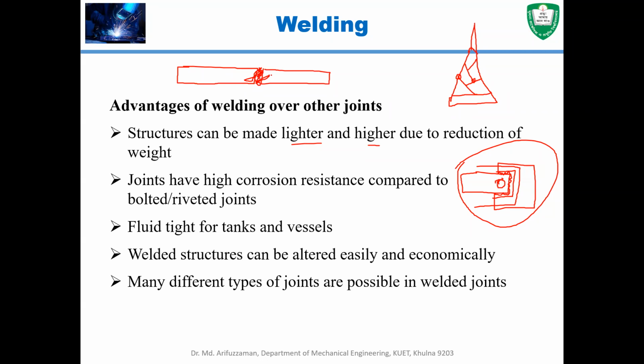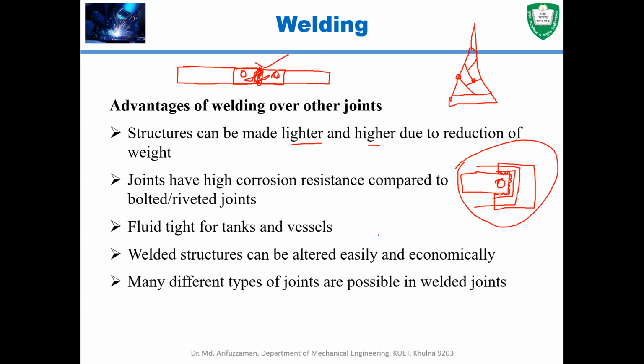But if you want to join these metal pieces together with the help of nuts and bolts, then you have to place extra plates in this location and then use the nuts and bolts, which is a huge amount of extra work. So these are the advantages of welding over other joints.